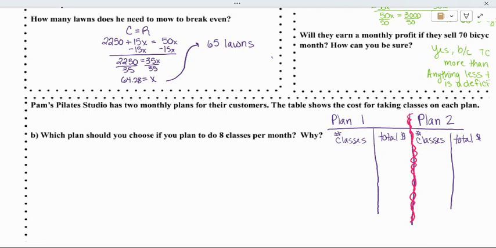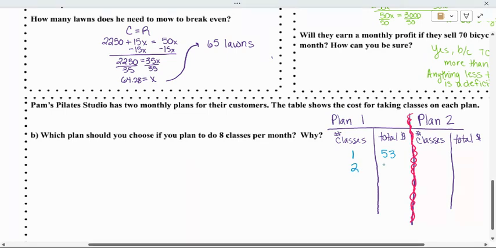For plan number 1, if I take 1 class, it costs me $53. If I take 2 classes, it costs me $71. For plan number 2, if I take 1 class, it costs me $45.